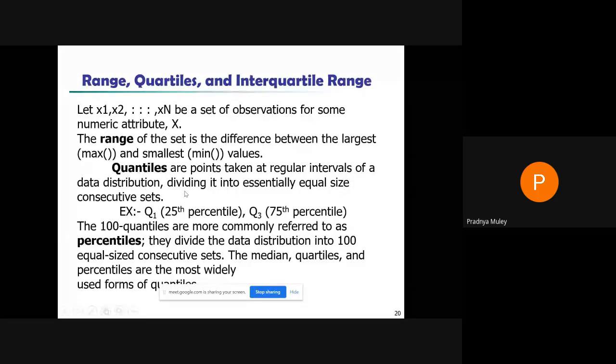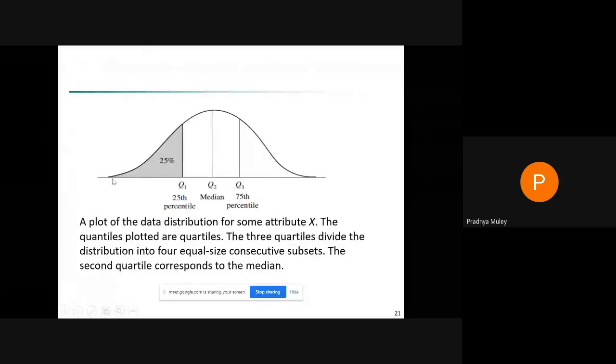Let us see this example over here. If this is my data, then this is my Q1, the first quantile, which is 25% of my data. So I have divided the data into four equal sets. Quartile 2 is always the median, that is 50% of the data.